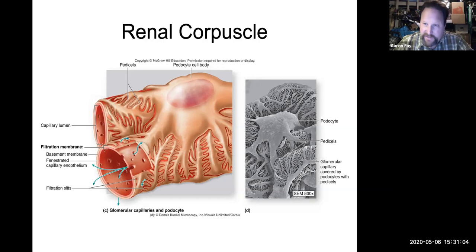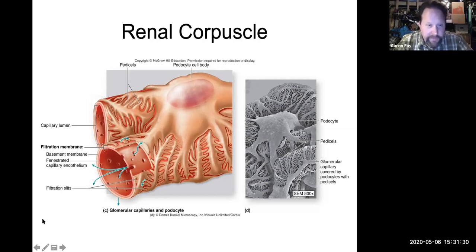And the filtration slits are what are going to allow the filtrate, which starts as plasma inside the glomerulus, to leak out those fenestrations, leak out those filtration slits, and enter the capsular space and become filtrate. So in the lungs, we had a respiratory membrane. Here in the kidney, specifically in the renal corpuscle, we're going to have a filtration membrane.